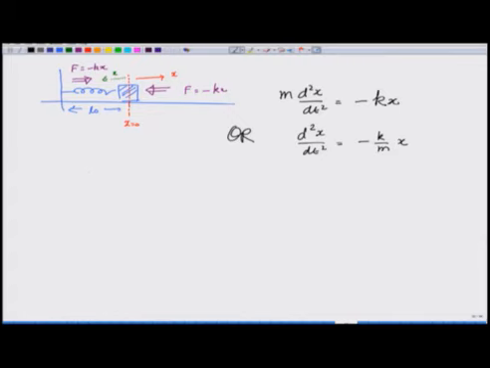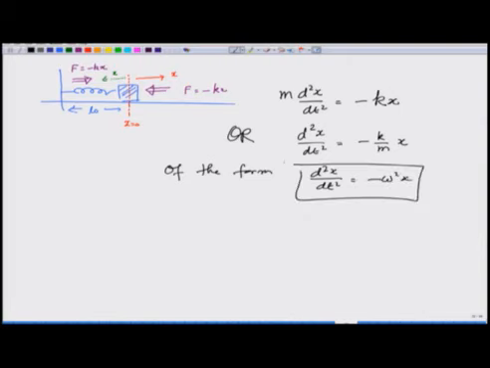This is of the form d2x by dt square is equal to minus omega square x. So, if I identify omega square as k over m, I have the equation of motion d2x by dt square is equal to minus omega square x.